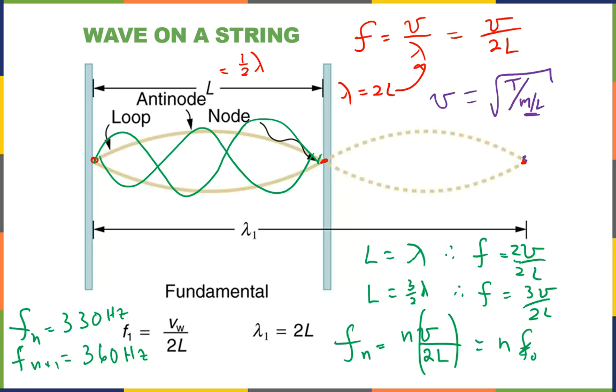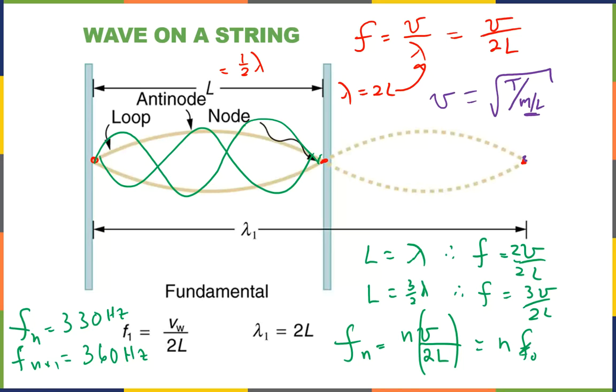The difference: 60? Getting closer, 30. So the fundamental here is 30, and then if the fundamental is 30, this is the 11th harmonic, because this is 11 times 30. This is the 12th harmonic.